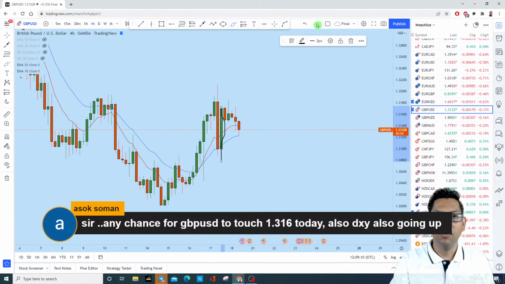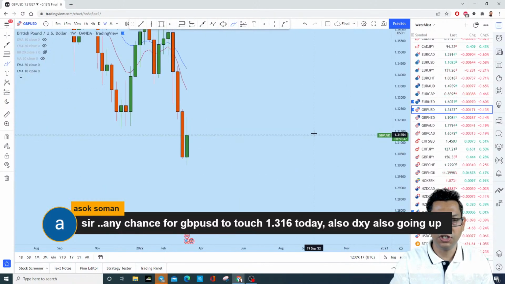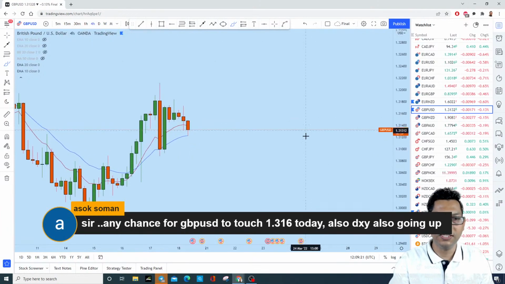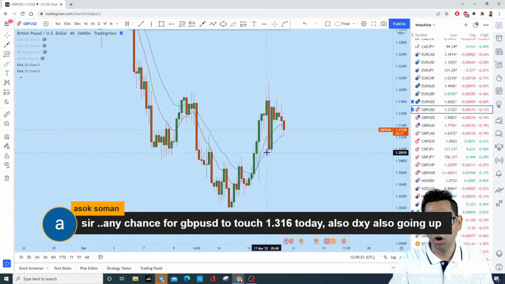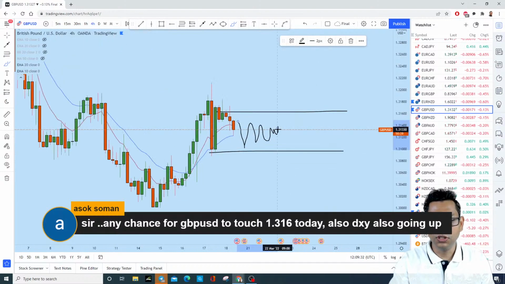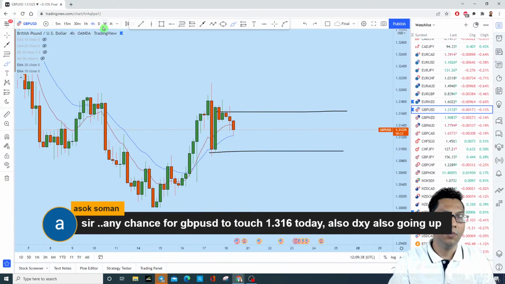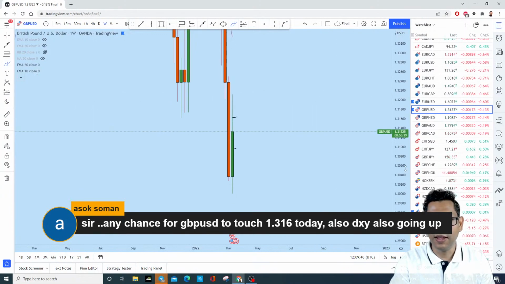Now let me see the weekly chart, because I always need to see the weekly chart. I think GBPUSD later today will just go sideways. It will not break this level, it will not break this level, it will go sideways, and next week we could see a little bit of uprise and then a drop, if over the weekend it doesn't change, because this is what the weekly time frame is telling me.